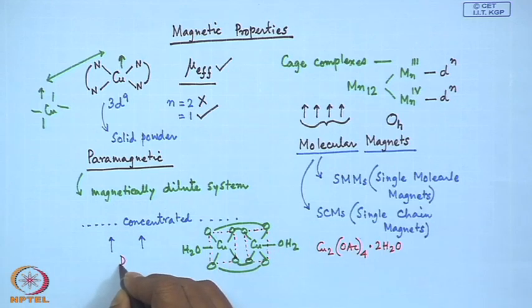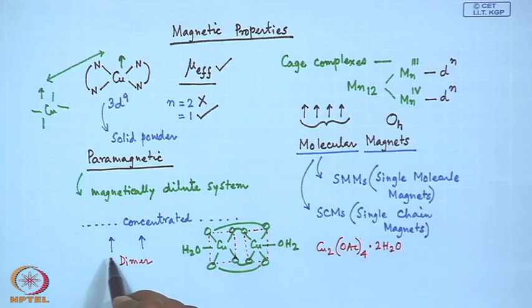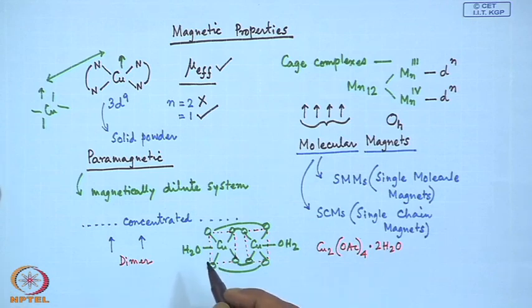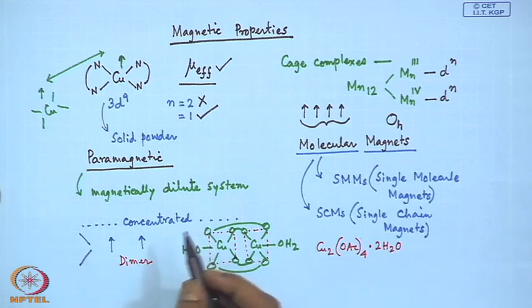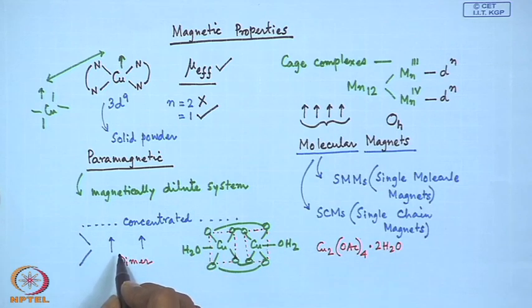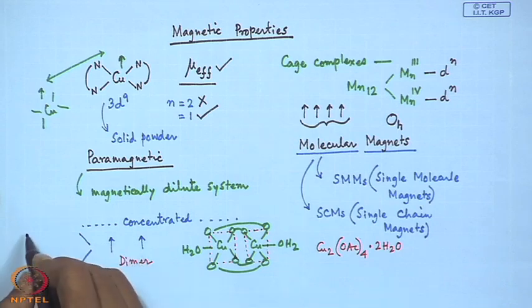So, we get a dimer, and in that dimer these two unpaired spins can definitely interact with each other, and that interaction can also be measured experimentally by determining the corresponding magnetic moment of the system. When they are interacting in such a manner that the overall magnetic moment is increased, we get a ferromagnetic interaction.